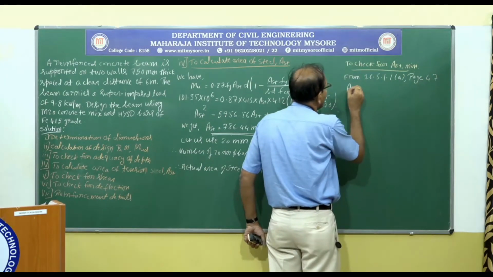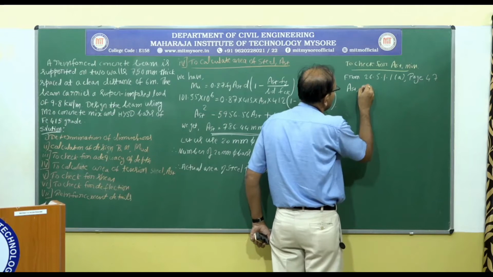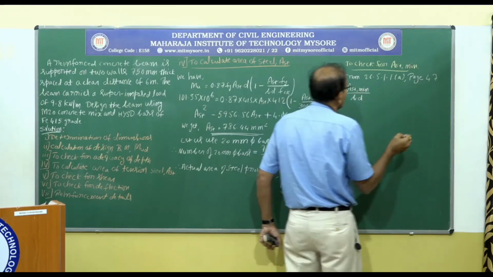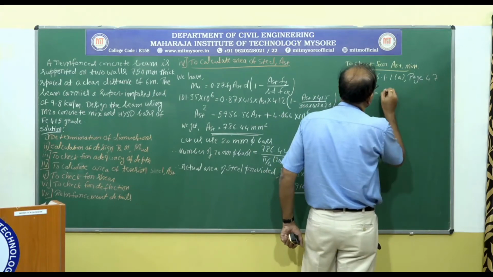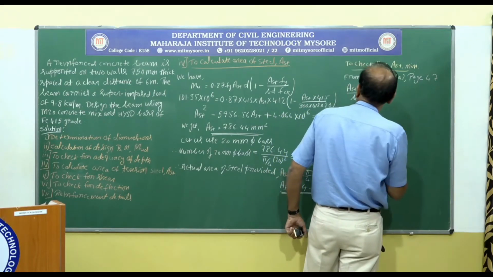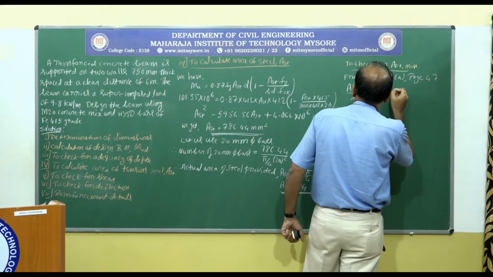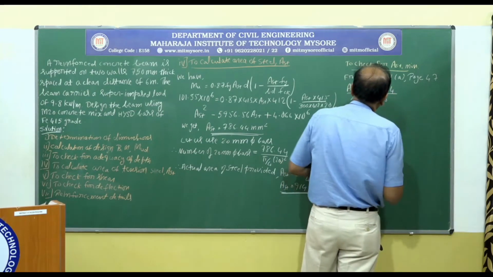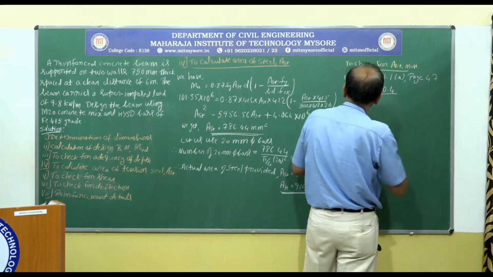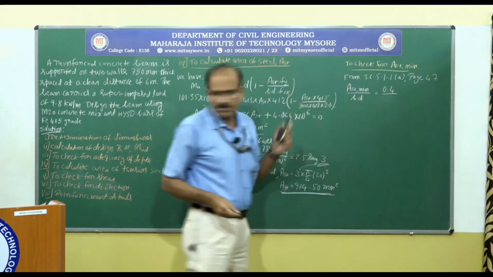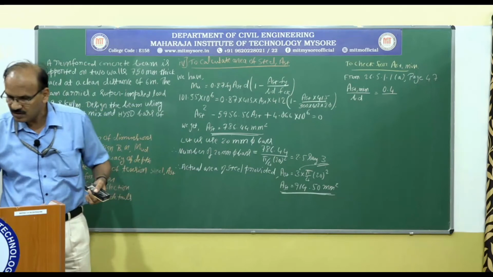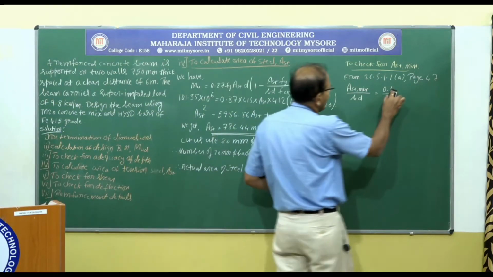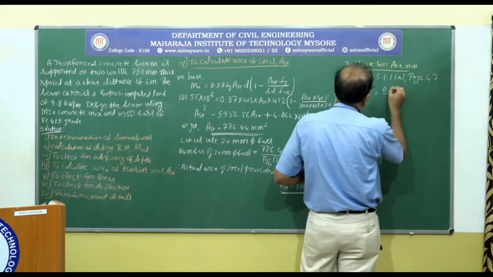So we have AST minimum divided by BD equal to 0.85 divided by FY.